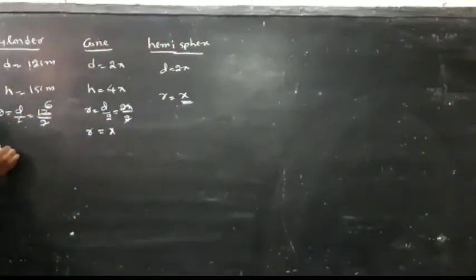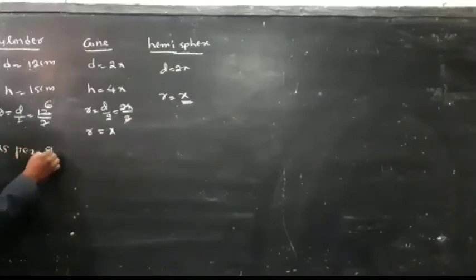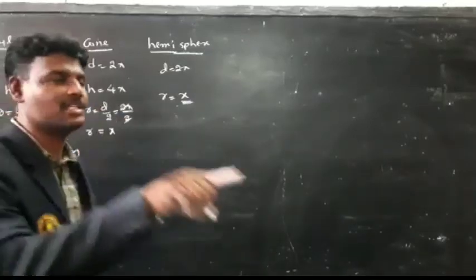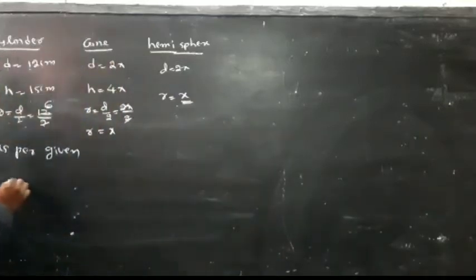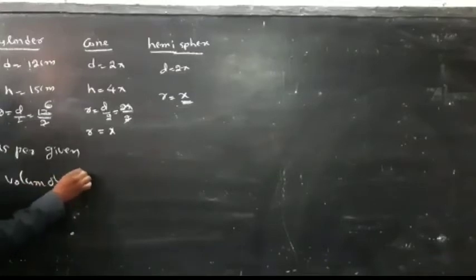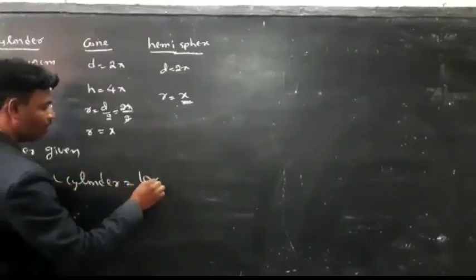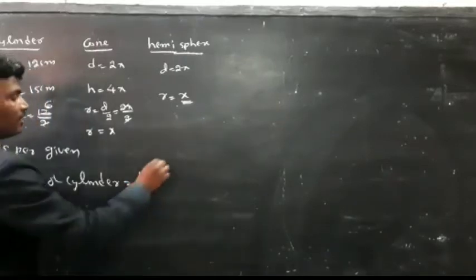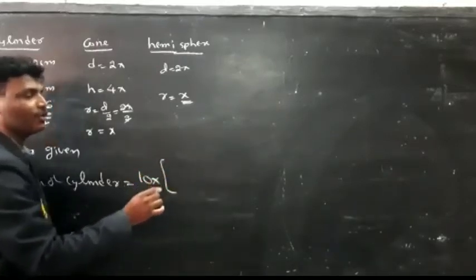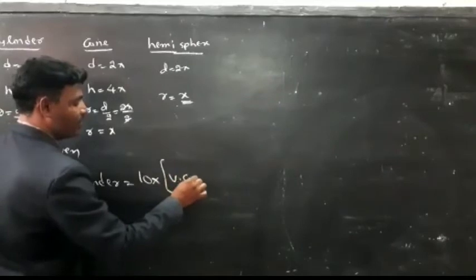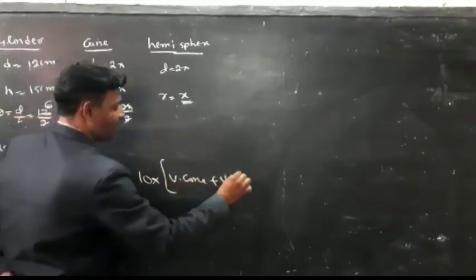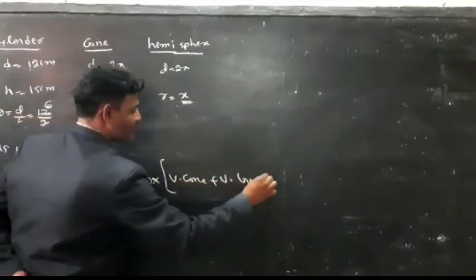As per the given, the ice cream is distributed to 10 children. What can we write here? Volume of cylinder is equal to 10 into the volume of the ice cream. But the ice cream is a combination of two shapes: volume of the cone plus volume of the hemisphere.